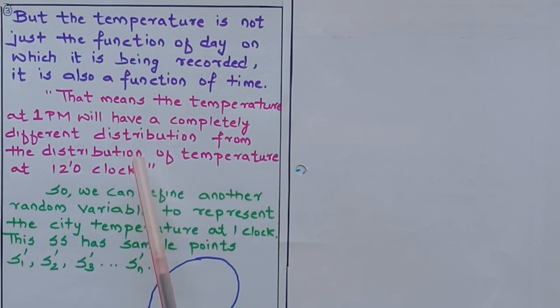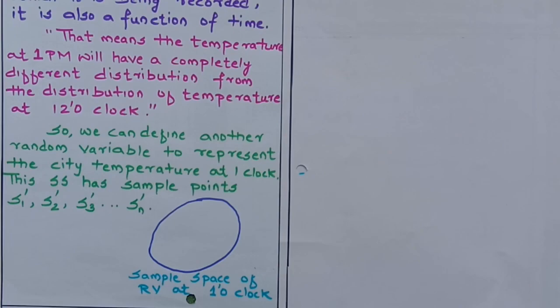Since the temperature is a function of time, suppose at 12 o'clock we have defined the sample space, but for 1 o'clock we have to again record the values. For that we have to draw a different sample space. So we can define another random variable to represent the city temperature at 1 o'clock.